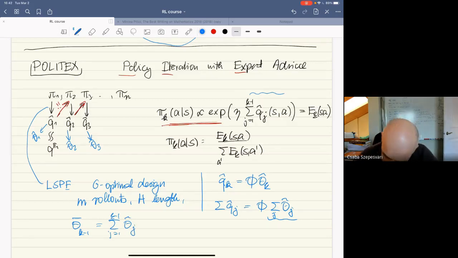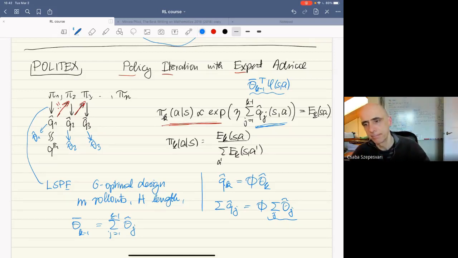So then when it comes to evaluating this sum, you can just take this parameter vector and multiply it with the features. Super simple. It seems like there are two loops: you calculate the most recent theta, and then you add it to the sum of the previous thetas.